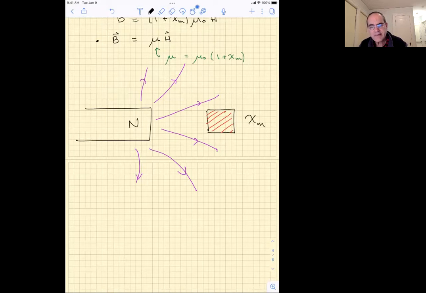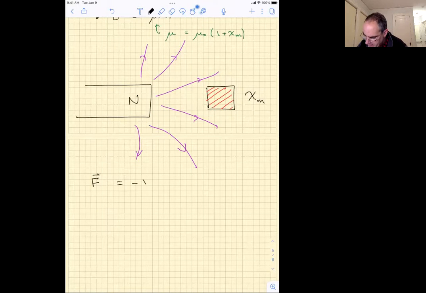Let's see what the force on the magnetic material will look like. So the force is given by minus the gradient of the potential energy, which is equal to plus the gradient of m dot B. But the net magnetic moment of the material is just its volume times its magnetization.